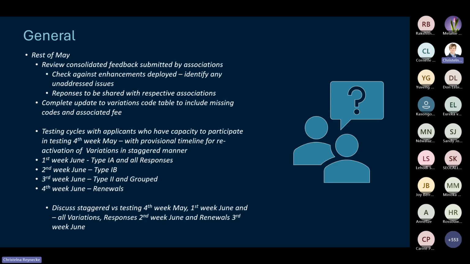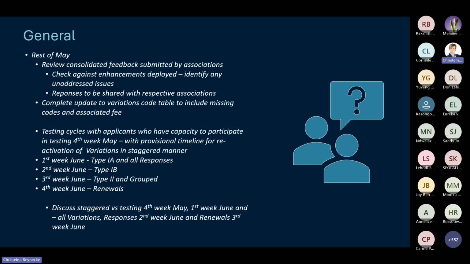So this has been extracted, and it's been resent to our units just to ensure that all of the information is updated and that for each variation code, there is now a corresponding fee. And this is what we will be updating next week. Once that has been completed, we will start doing some testing.